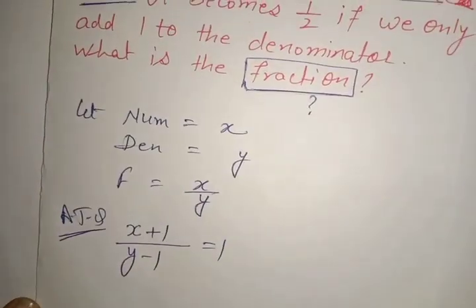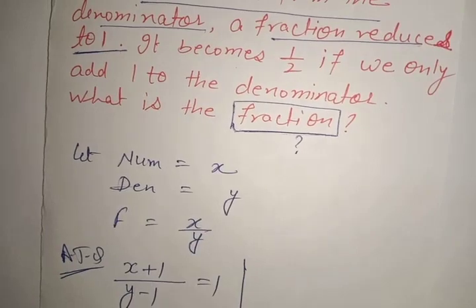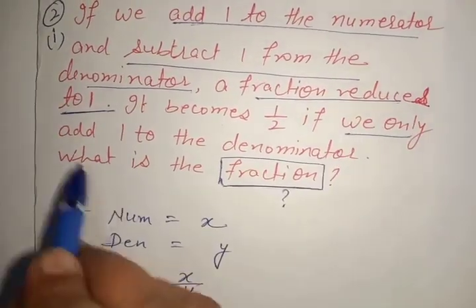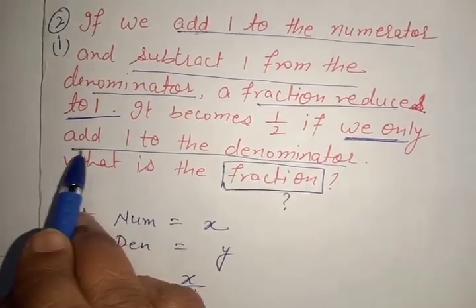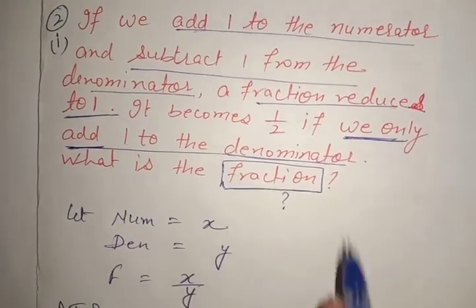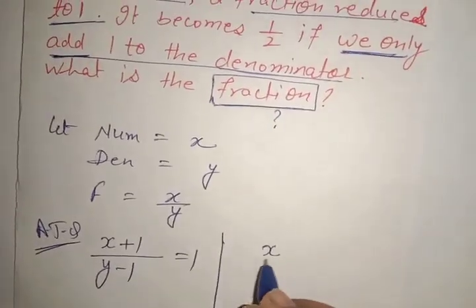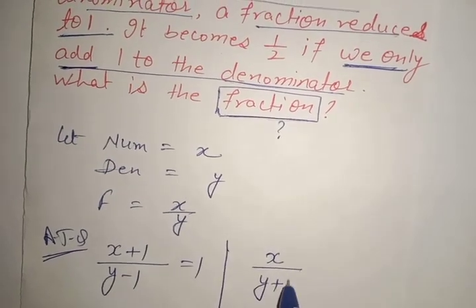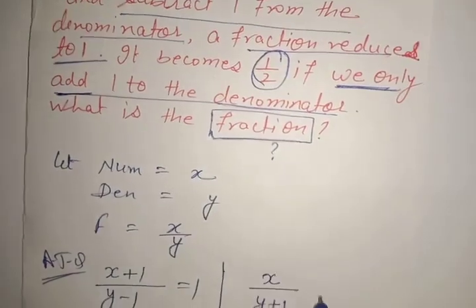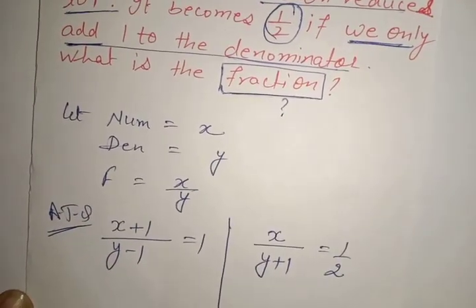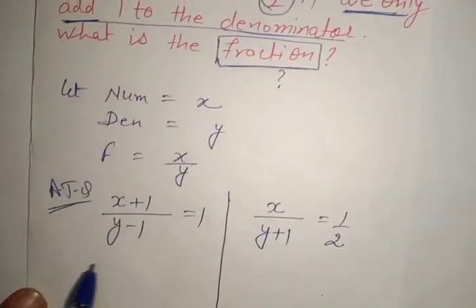And the second equation says if we only add 1 to the denominator, meaning x will remain as it is, and we add 1 to the denominator, it becomes 1 by 2. I hope the equation is clear to you.